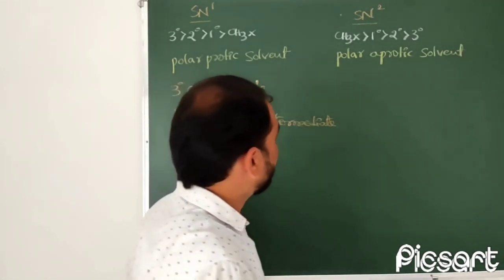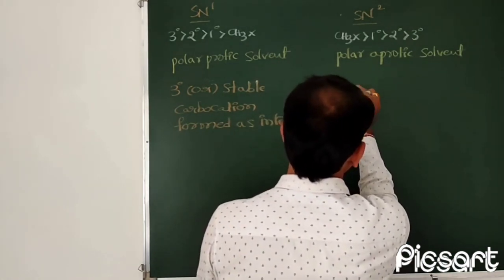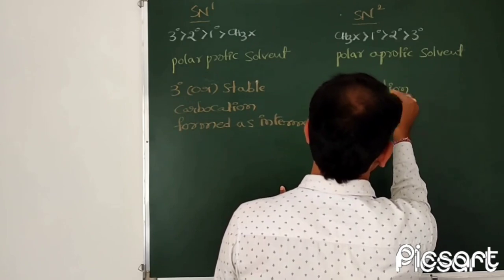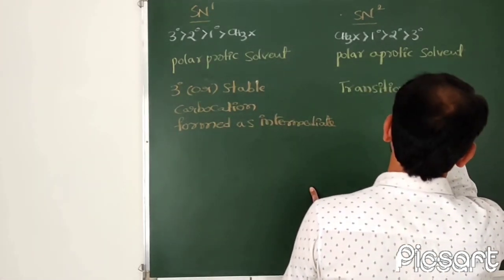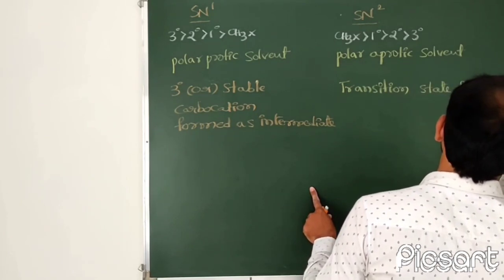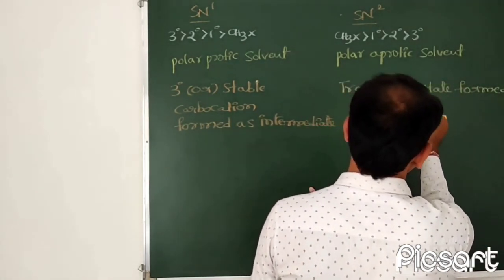Right? Then what about SN2? Transition state formed as intermediate.